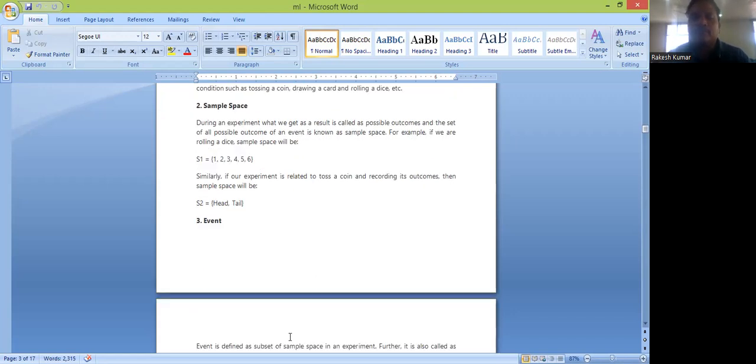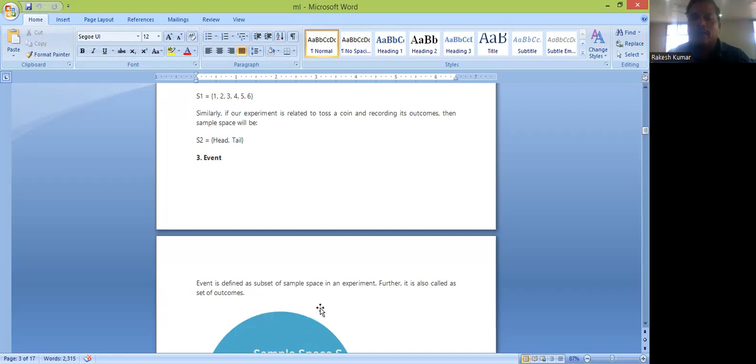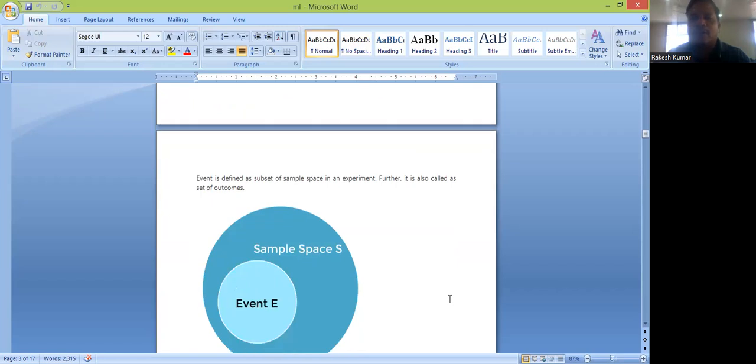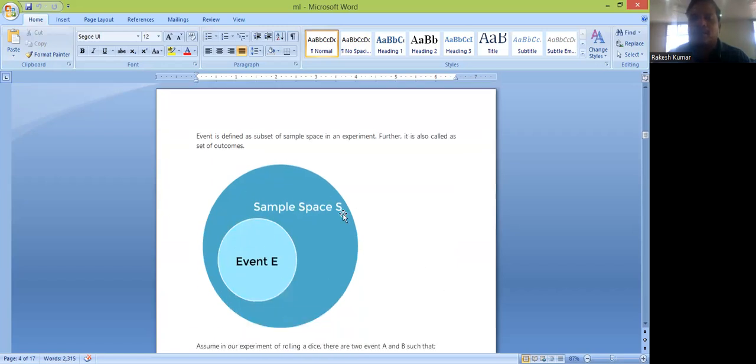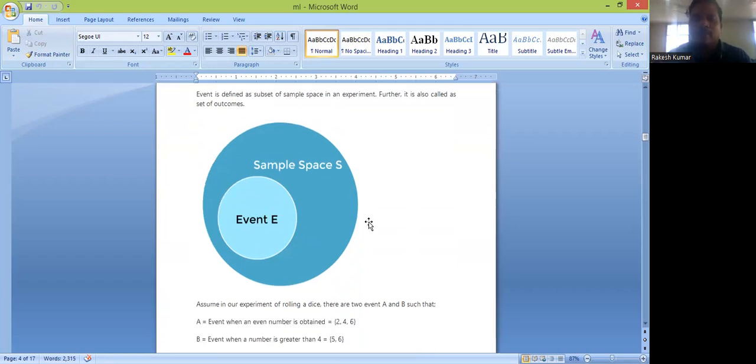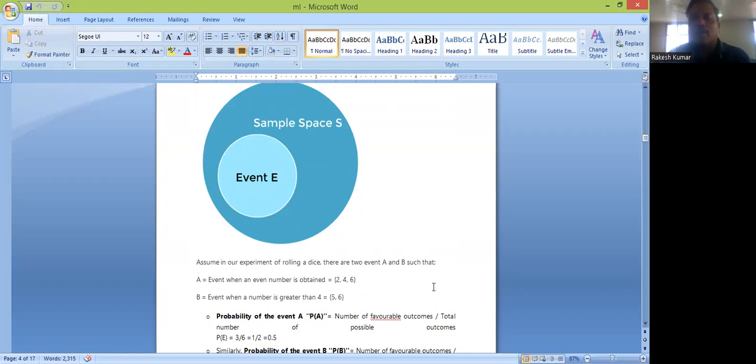Event. An event is defined as a subset of the sample space in an experiment, so it is a set of outcomes. This is the event E, and this is the sample space S. Assume that in an experiment of rolling a die there are two events A and B, such that A is the event when an even number is obtained.